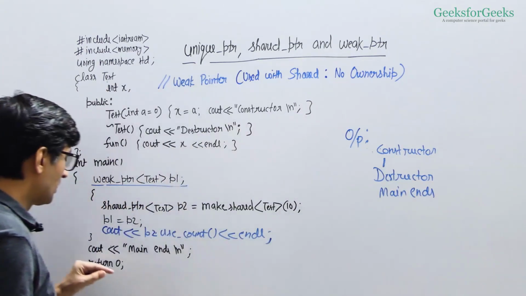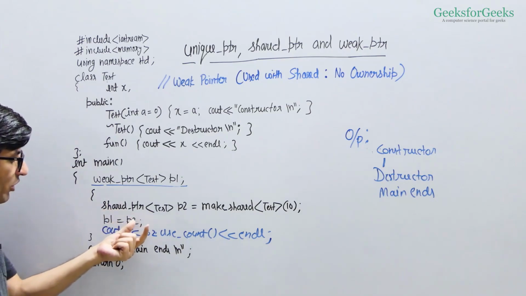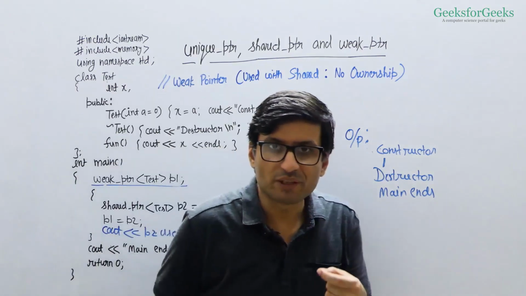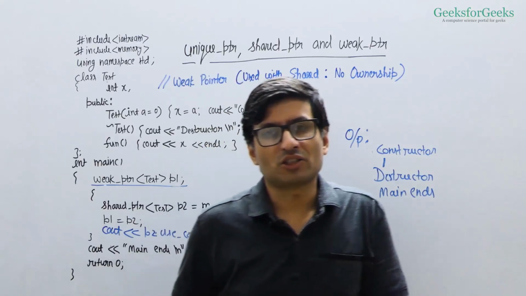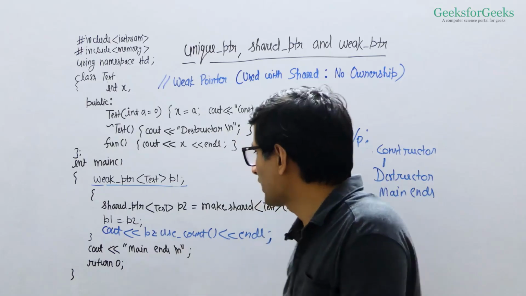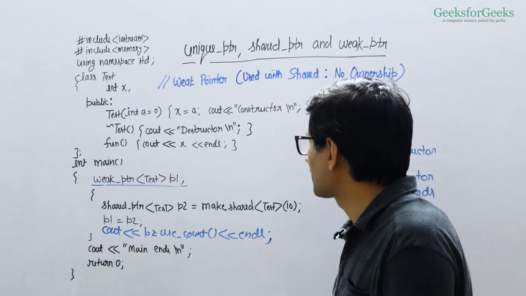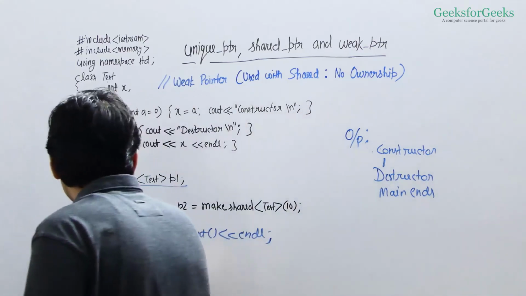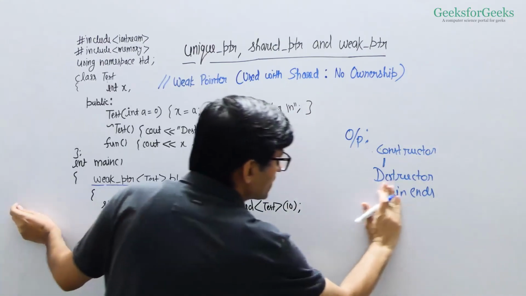Now one more thing, if a weak pointer is pointing to an object and that object has been destructed, then there should be a way to check whether the object is valid or not. For that purpose, weak pointer has a function called expired. Let's remove this output as well.